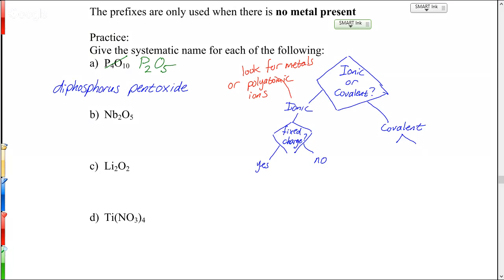In this case, we're over at the no's. So what do we do if we don't have a fixed charge? So what is that name going to look like?